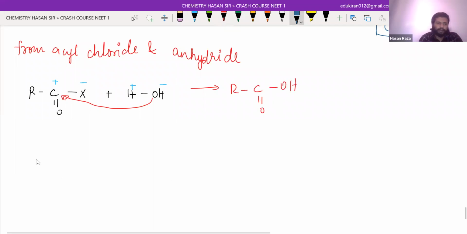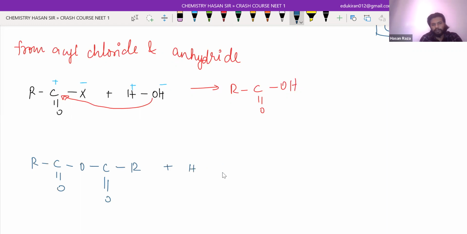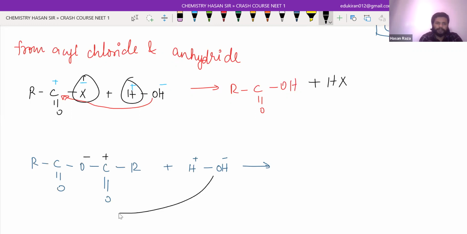And if you have anhydride, this is your anhydride. Again, you are going to do the hydrolysis. OH negative, H positive. So what will happen? There will be a byproduct, H and X combined. Now again, this will have positive, this will have negative, so with this positive, this OH will go.